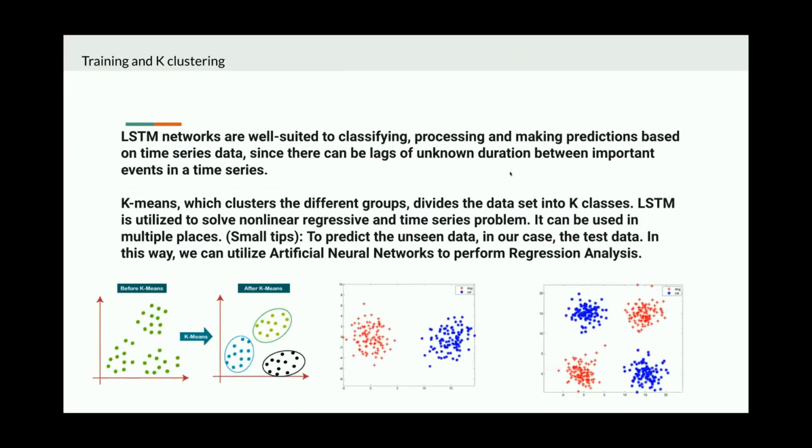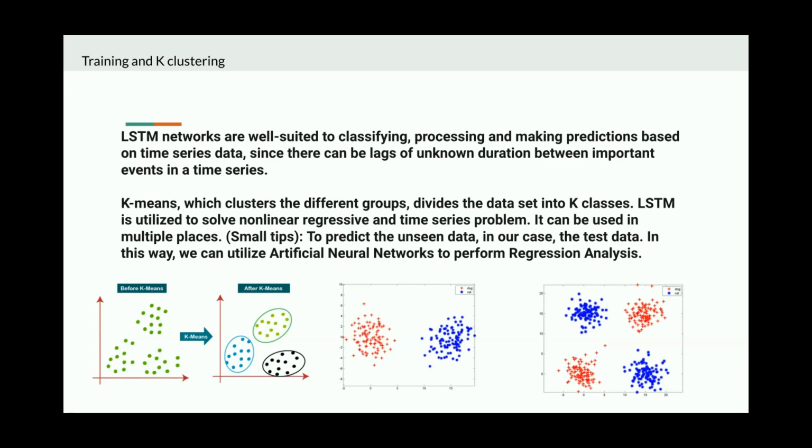Now for training and clustering, those are the functions of the whole Unity, which is utilized for giving training and for the graphics, including the engines that will be built up. These networks are well suited to classifying, processing, and making predictions based on time series data, since there can be unknown durations between important events in the time series.